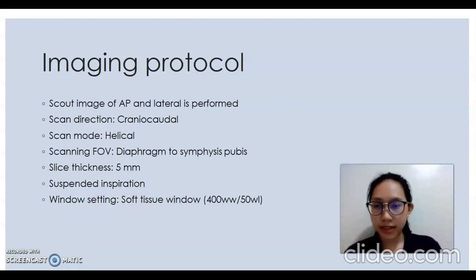The slice thickness is 5 mm, and the image is acquired at suspended inspiration, which means we will inform the patient to take a deep breath first and hold their breath. Then we will start scan. Then after the scanning is complete, we will ask the patient to exhale. For the window setting, it is the soft tissue window.